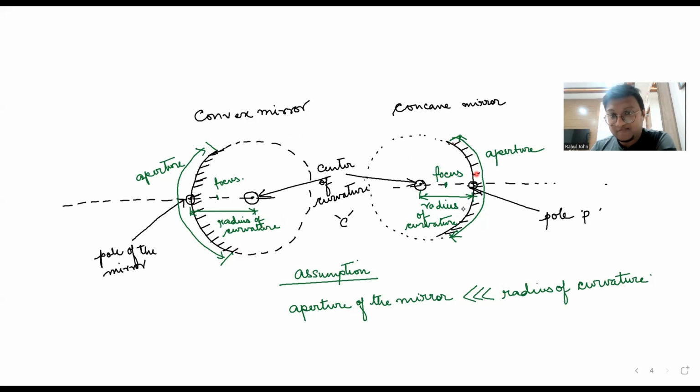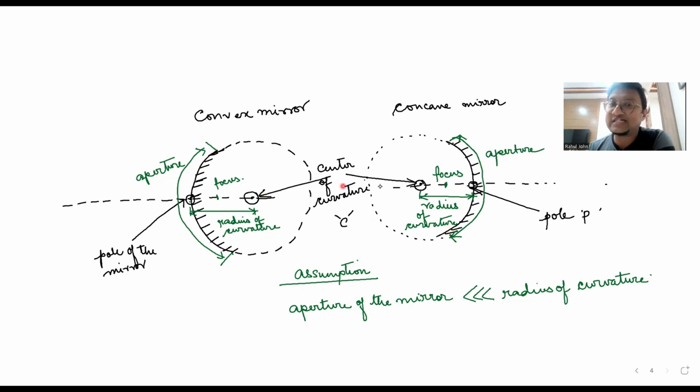Similarly, here we have another spherical mirror where the silvered surface is lying outside and the reflecting surface is bulging inwards. So that is a concave mirror. Remember the trick which I told you? Both the mirrors are part of a sphere, right?